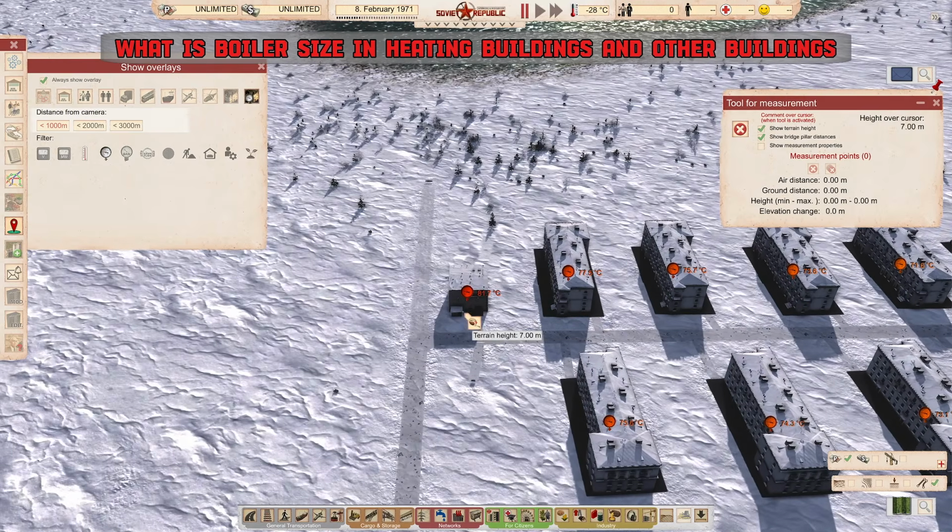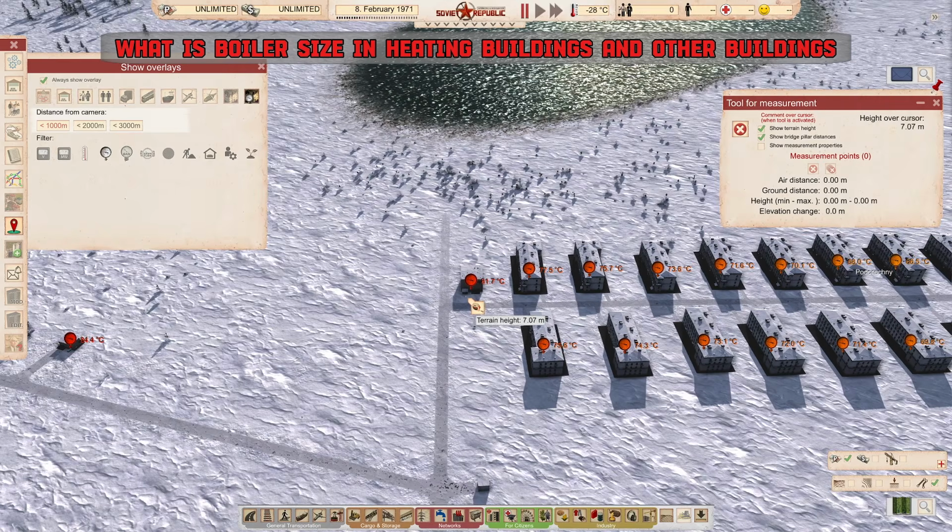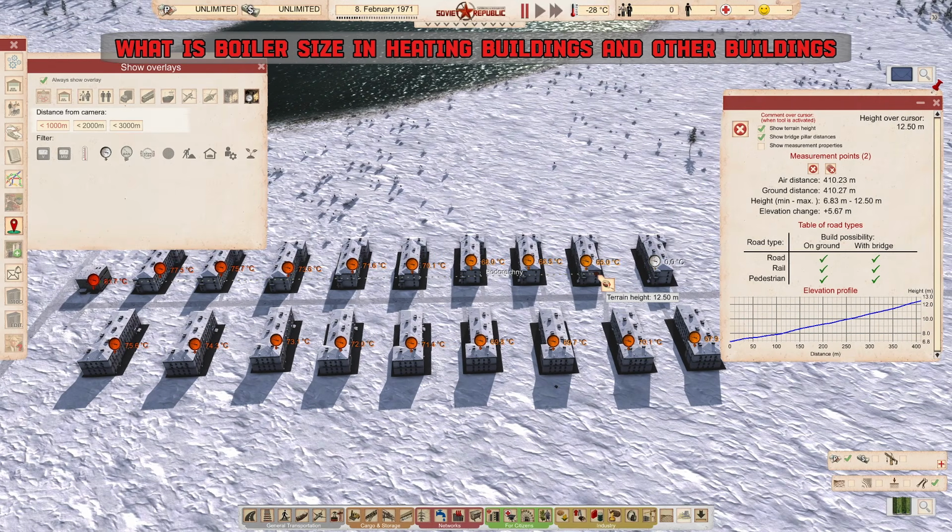So this means that the heat exchanger, although it can cover a total of 400 meters of buildings, doesn't mean that it will provide enough heat to all buildings so it can fully satisfy the temperature.